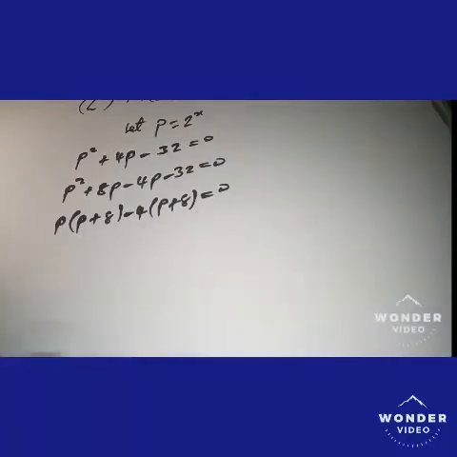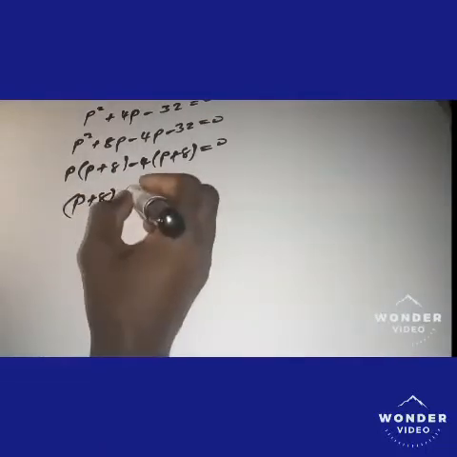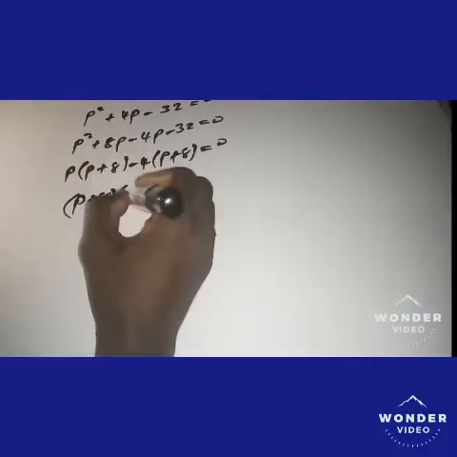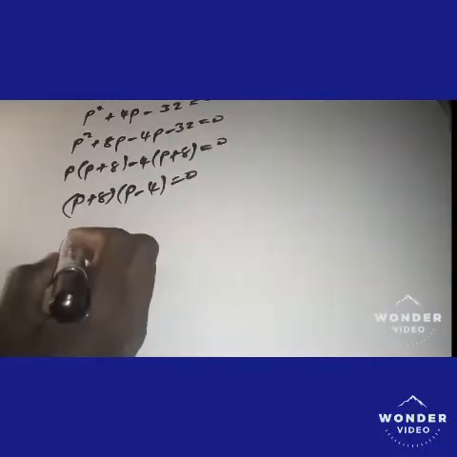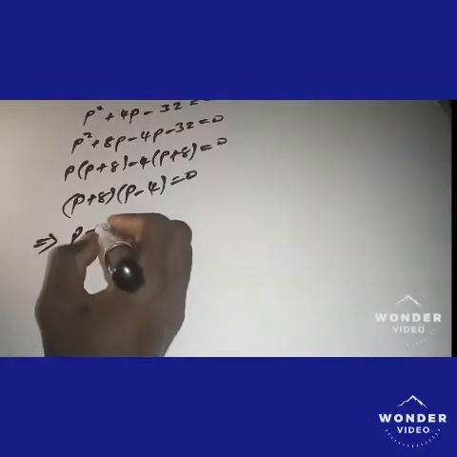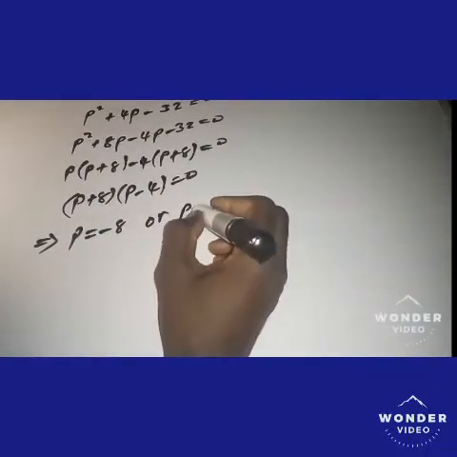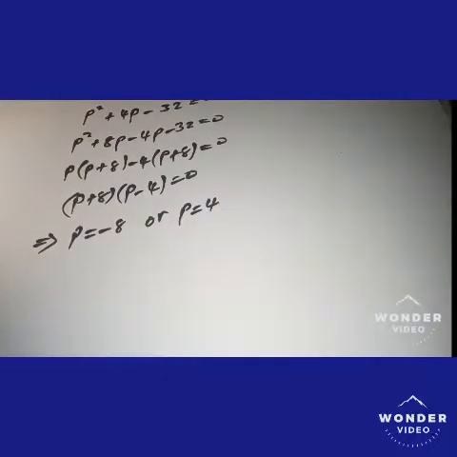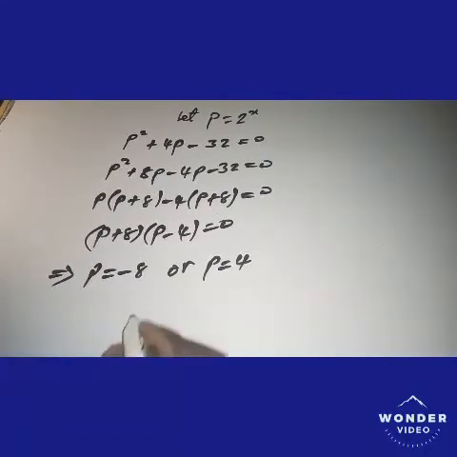I now have two linear factors. The first one is p plus 8, and the second one is p minus 4 equals 0. So the value of p is negative 8, or the value of p is 4. Therefore, p is equal to minus 8 or p is equal to 4.